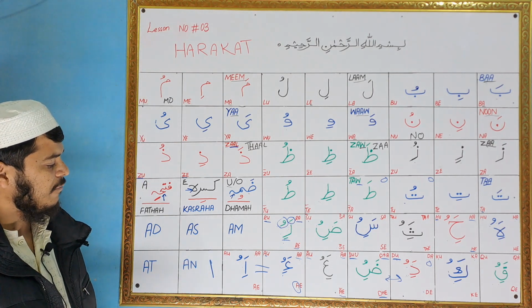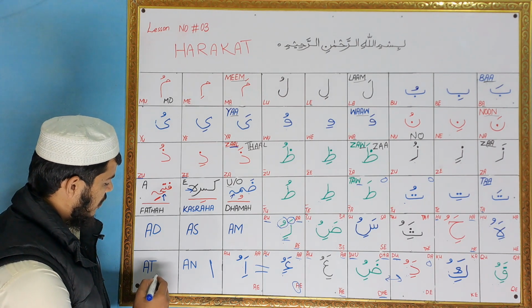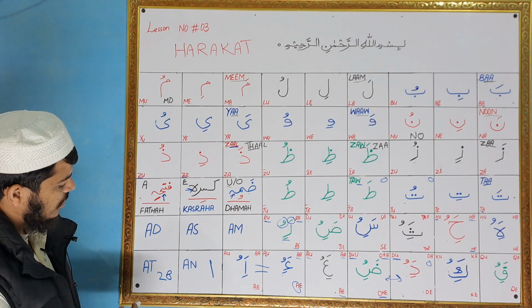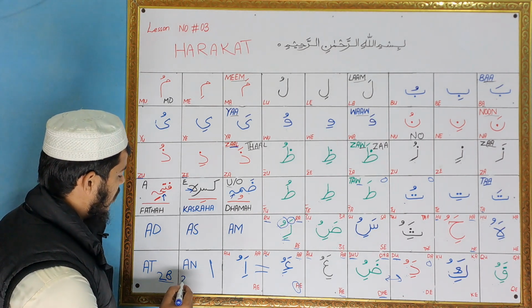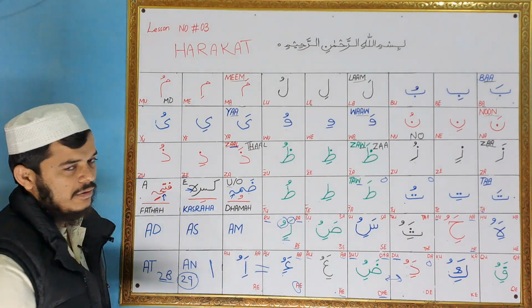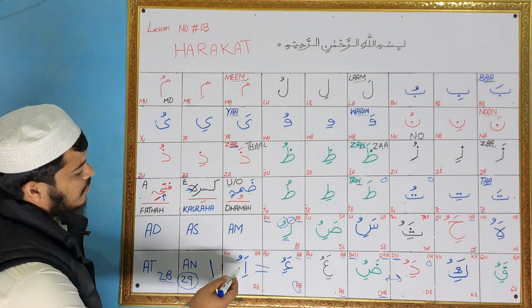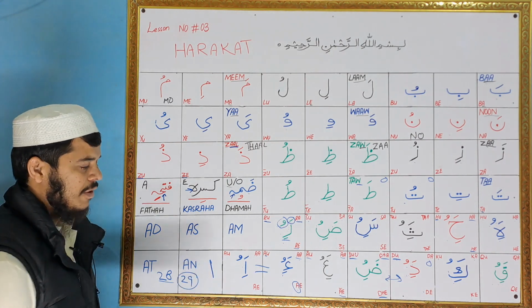That's why, if you remember, in the first lesson I told you there are 28 sounds in Arabic and 29 letters. So basically alif and hamza give the same sound. So in that sense, this letter does not give any different sound than hamza. So we will take it as one letter.